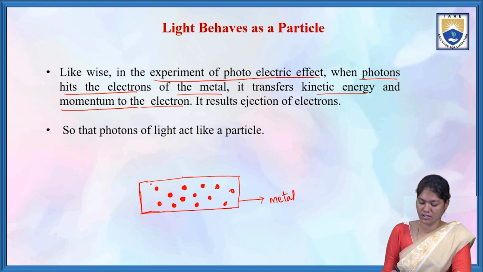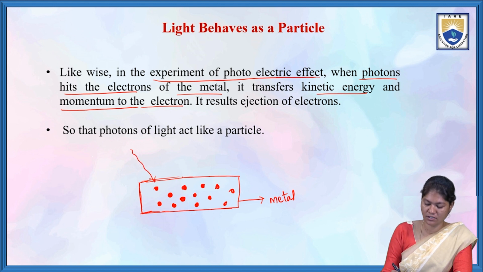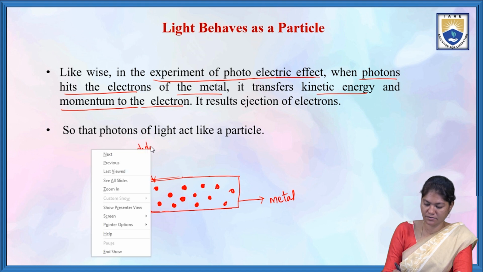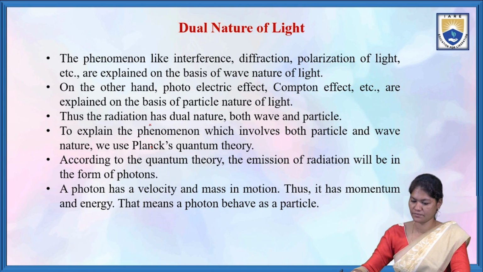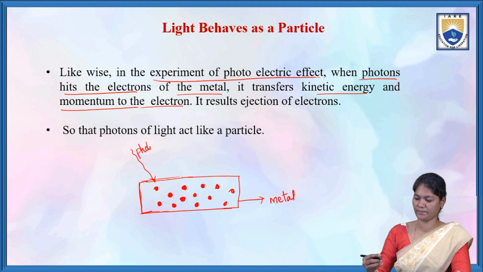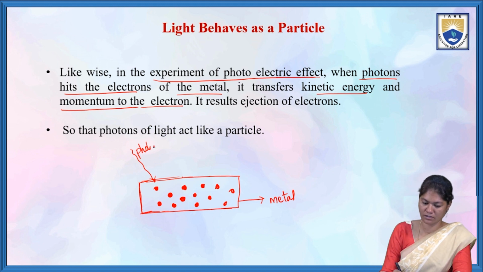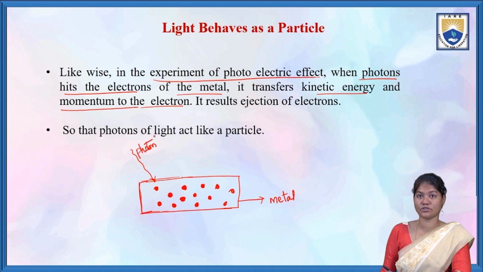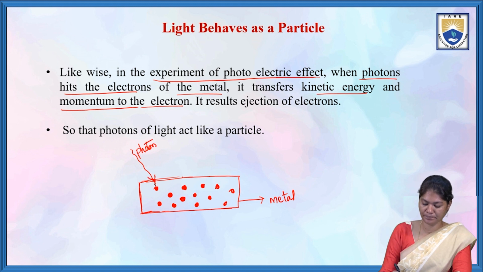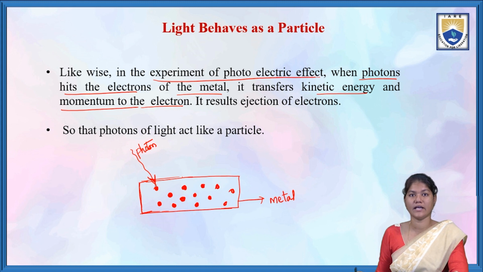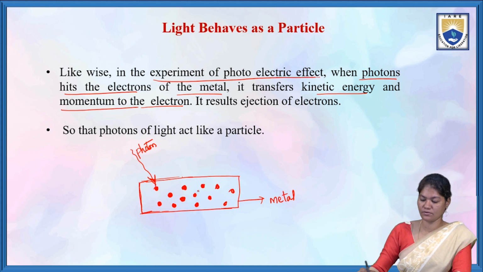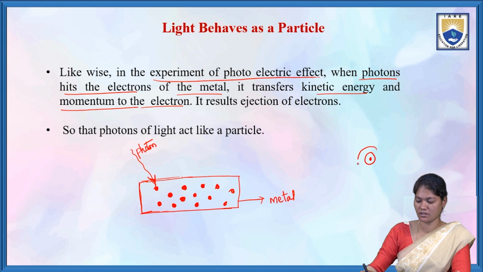So here this is a metal and there are many atoms. When a photon hits the atom, the outermost orbit electrons, that is valency electrons, get detached.